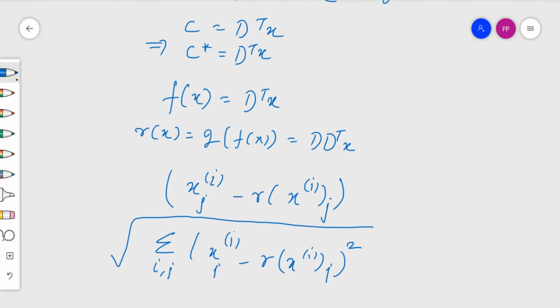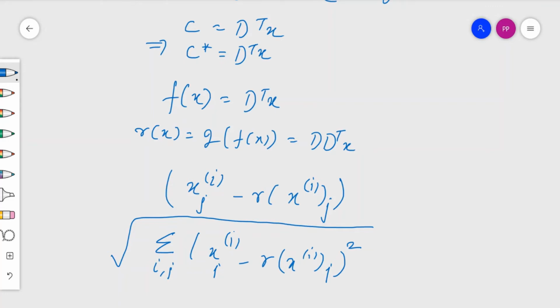This is basically all the elements of a matrix which has m points each of n elements, should be considered together through a 2 norm, which is basically called the Frobenius norm, and should be minimized.